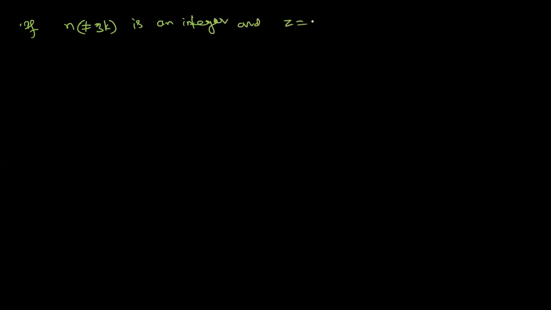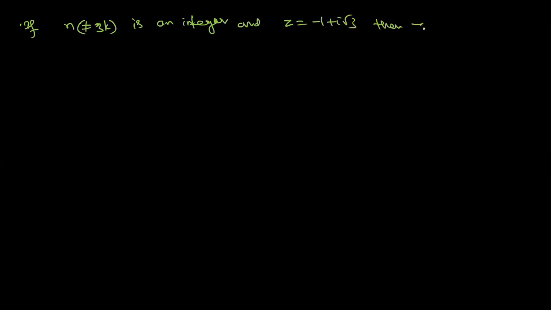Let us write on. Dear students, see, I'm adding one more question. Here conditions apply: n must be not equal to 3k, k is an integer, and z is equal to minus 1 plus i root 3.